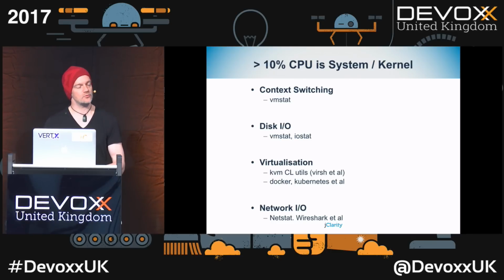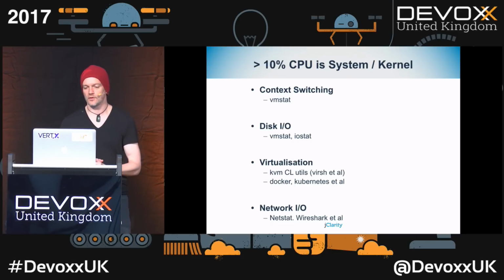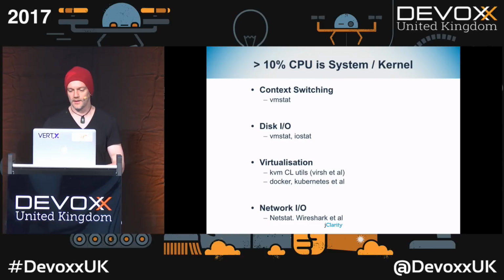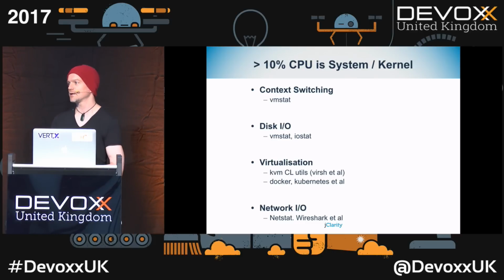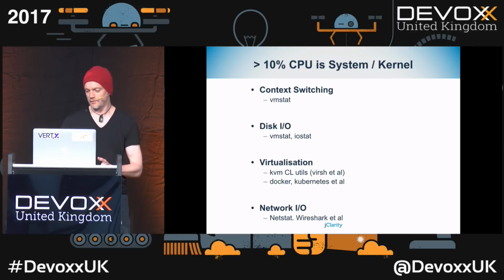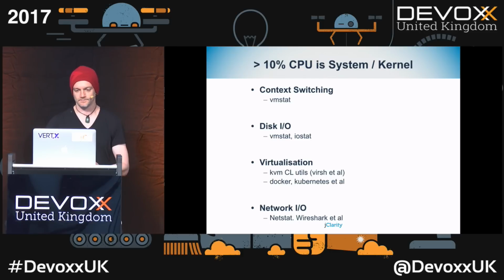There are virtualization tools, KVM tools, virsh, a whole bunch of monitoring tools around Docker with Kubernetes, etc. And if you want to find out if you're destroying your network, netstat, again, a free tool on the command line. Wireshark, also a fantastic tool, also brilliant for spying on your neighbors' Wi-Fi networks to see what they look at.